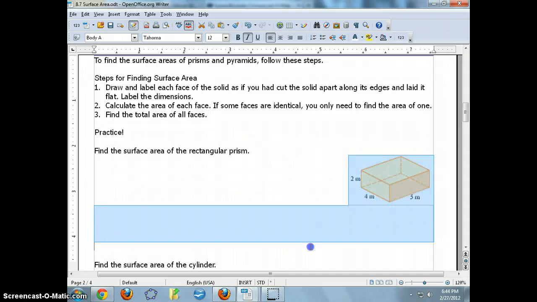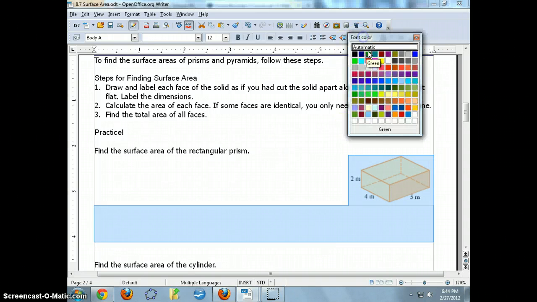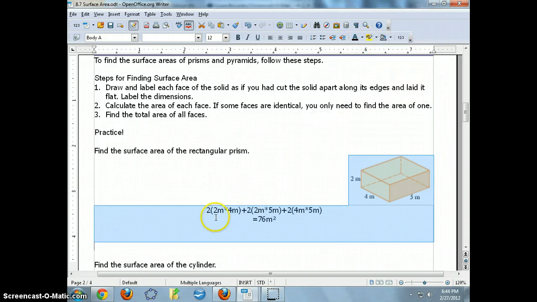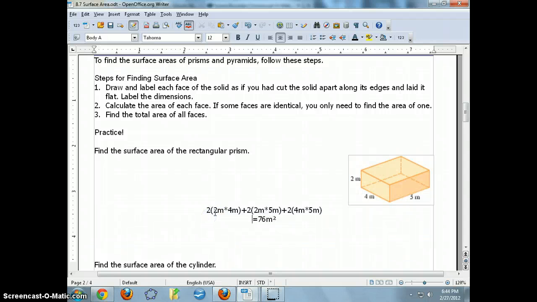So you should wind up getting 2 times 2 times 4, because there's 2 faces, 2 times 2 times 5, because there's 2 faces, and 2 times 4 times 5, because there's 2 faces. When you multiply and add together, you should get 76 meters squared. Notice that our units are again squared. This is still area.